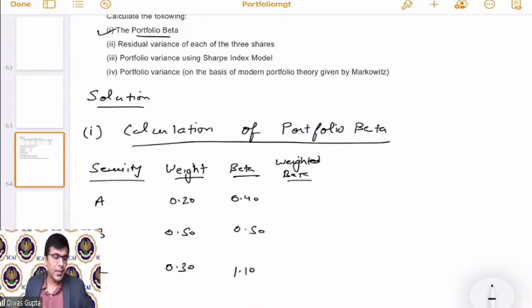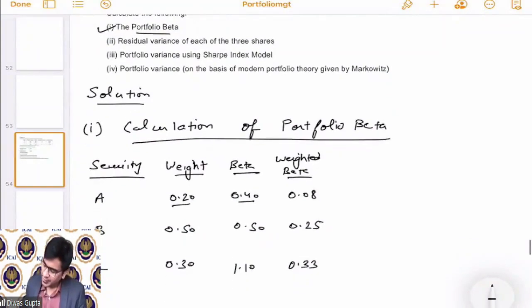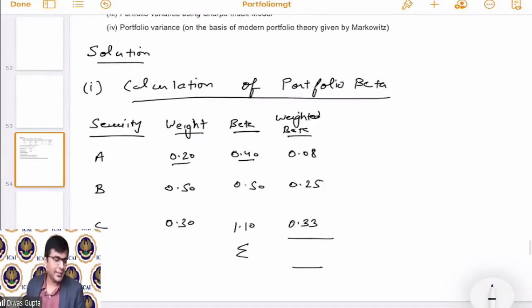Hence the weighted beta comes out to be 0.40 multiplied by 0.20, correct, which is 0.08, then 0.25, 0.33. Okay, so the first part of the question, and if we total it, the summation of it will give us the portfolio beta.